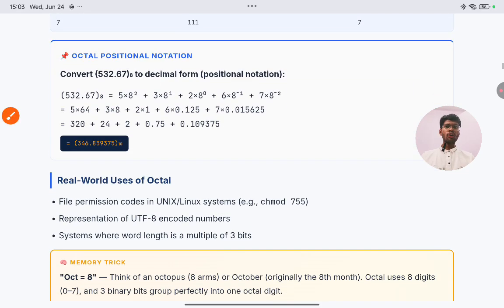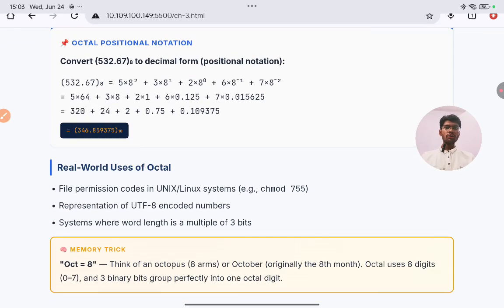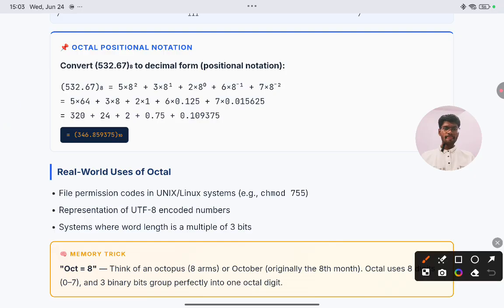Okay, octal positional notation. Let's say convert 536.67, an octal number, to decimal form using positional notation. So how do we convert it? 5 into 8 square plus 3 into 8 to the power 1, plus 2 into 8 to the power 0, plus 6 into 8 to the power minus 1, plus 7 into 8 to the power minus 2, the inverse of 8 square, right?